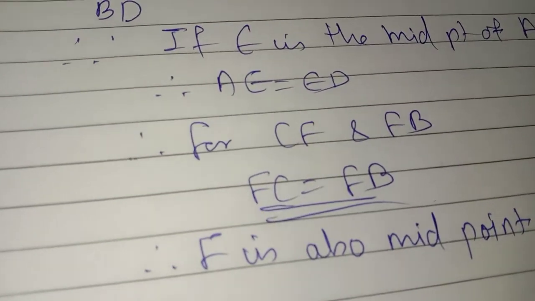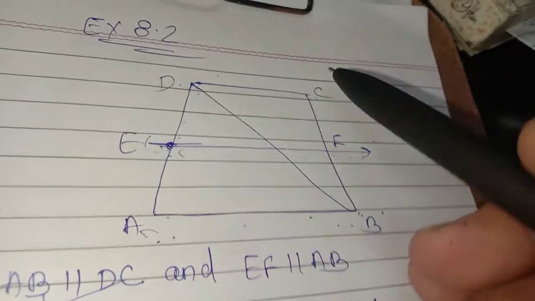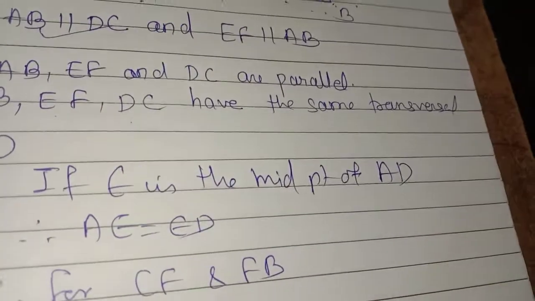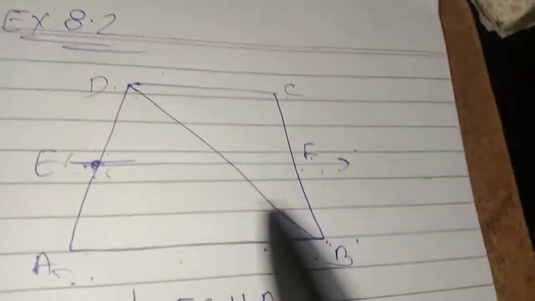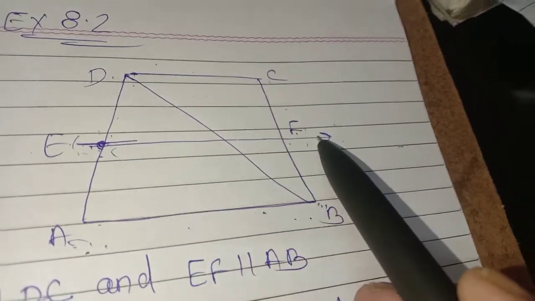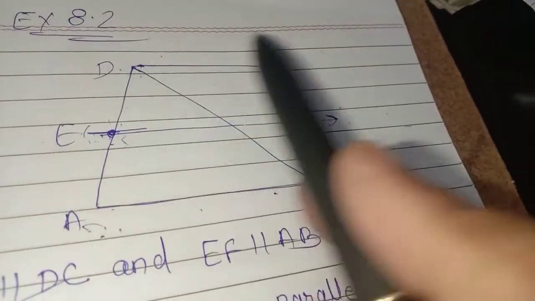Very simple way, and we do not have to do any kind of calculation. We just have to indicate that E is the midpoint, so EF is parallel to BC and AB. Sorry, EF is parallel to what? AB. So if EF is parallel to AB, whatever points lie on EF will all remain at equal distance from AB or from DC.